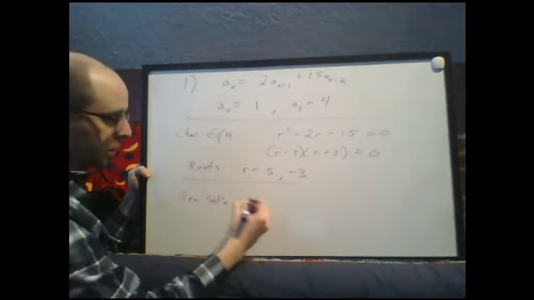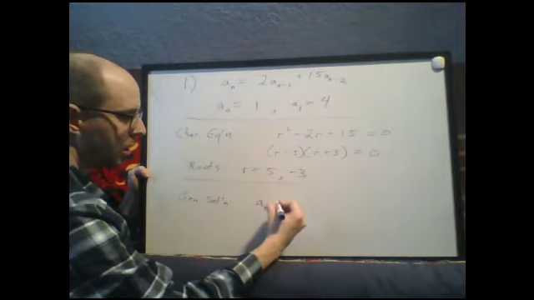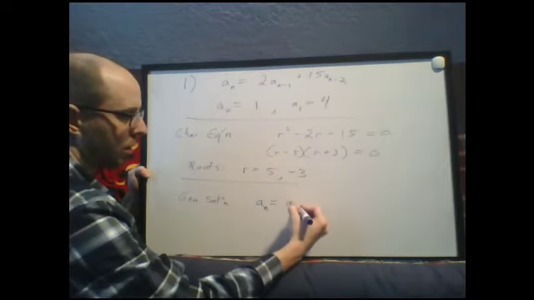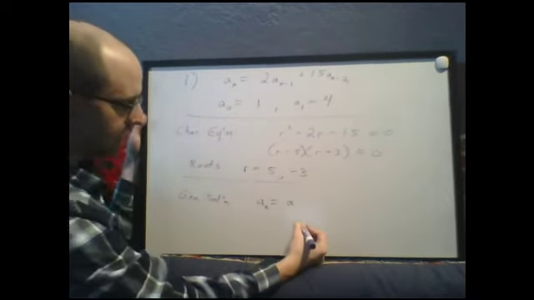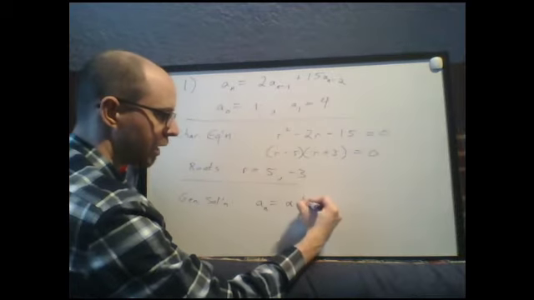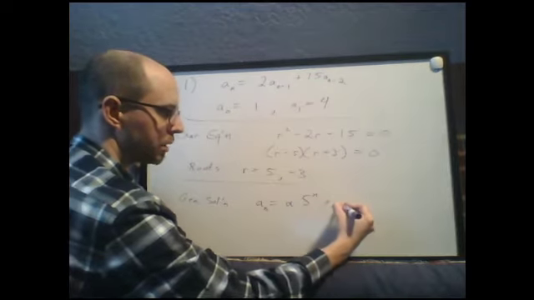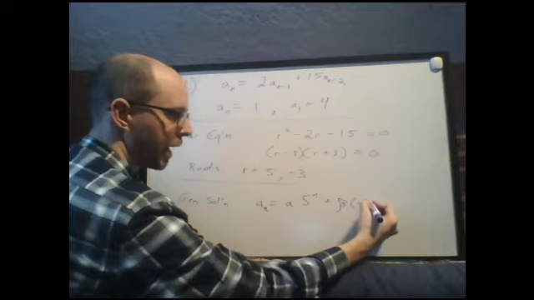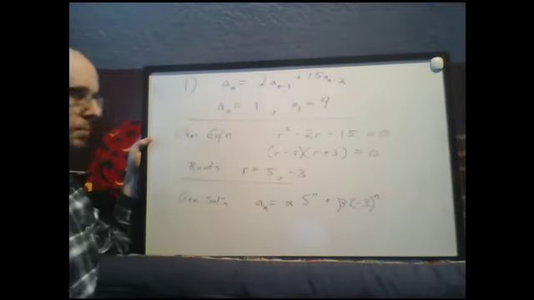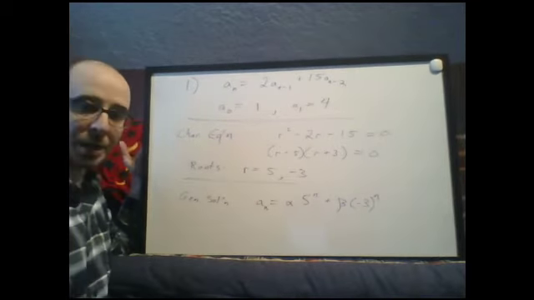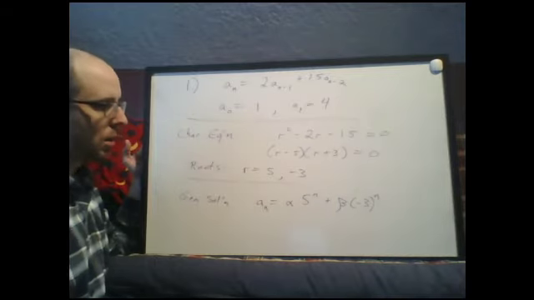So the general solution is a_n equals alpha, let me use alpha and beta here, alpha times 5 to the n plus beta times negative 3 to the n, where alpha and beta could be any numbers.